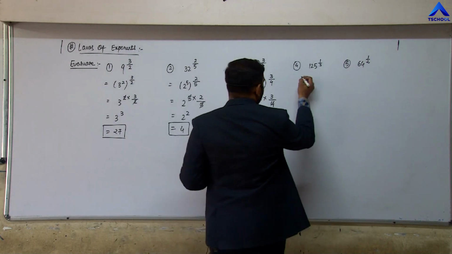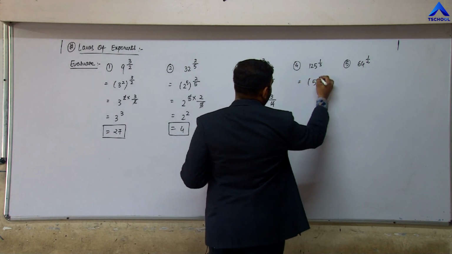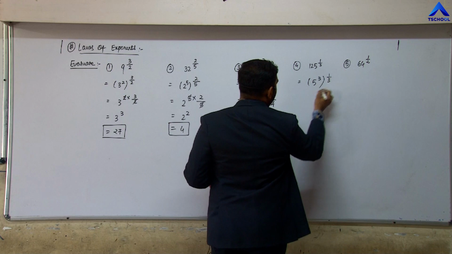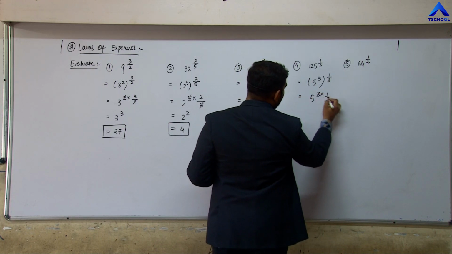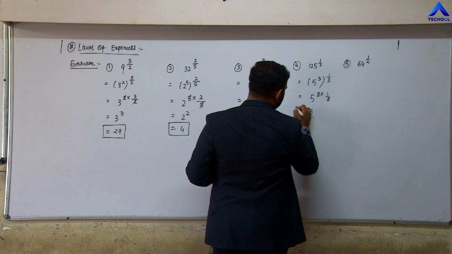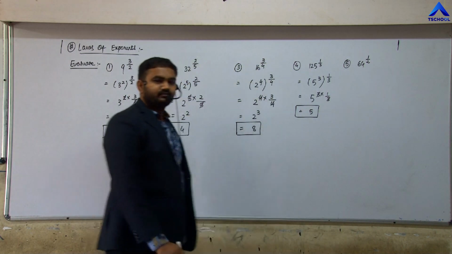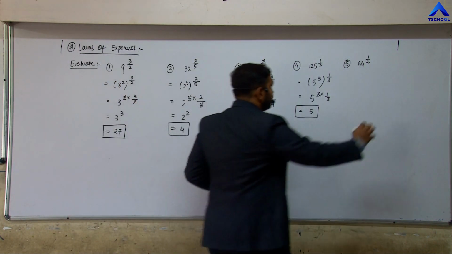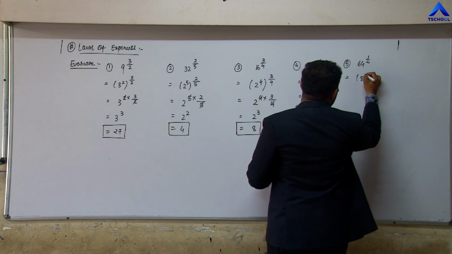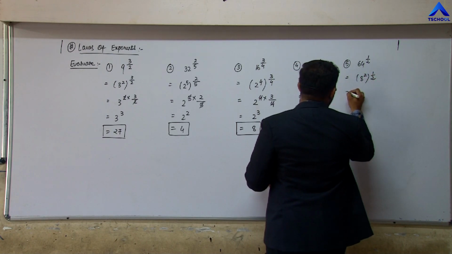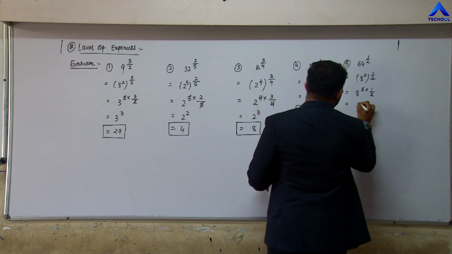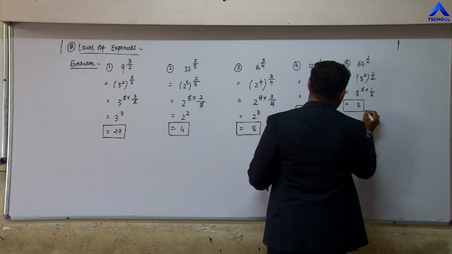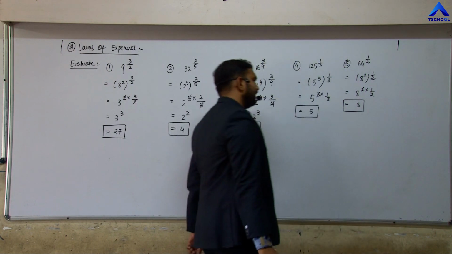Now coming to the fourth one, this is 125, that is 5 cube raised to 1 by 3, so that can be written as 5 raised to 3 into 1 by 3. 3 and 3 can be cancelled, so that equals 5 raised to 1, which equals 5. And the last one, 64, that is 8 square raised to 1 by 2, that is 8 raised to 2 into 1 by 2. 2 and 2 can be cancelled, that equals 8 raised to 1, that is 8.